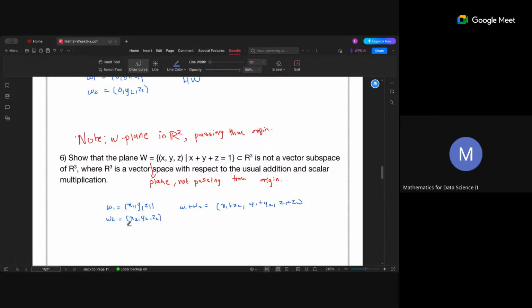Now what do we already know? x1 plus y1 plus z1 is 1, and x2 plus y2 plus z2 is 1. Now what is x1 plus x2 plus y1 plus y2 plus z1 plus z2? It is 2. So this means that this does not belong to W. So this is not a subspace.